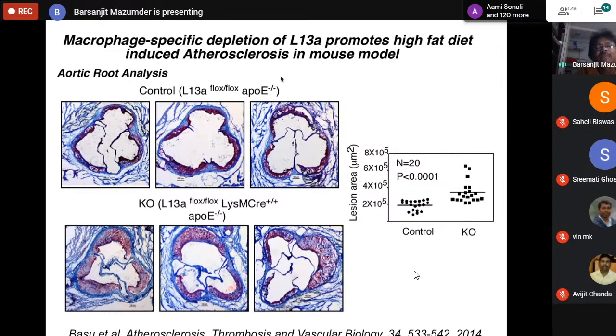So we can see that when L13a is not there, the mouse is under high inflammation, supporting rapid filling up of the chambers by the plaque. This is what typically happens in humans also, and when it crosses the threshold, plaque rupture happens, and that might cause either cerebral or myocardial infarctions.